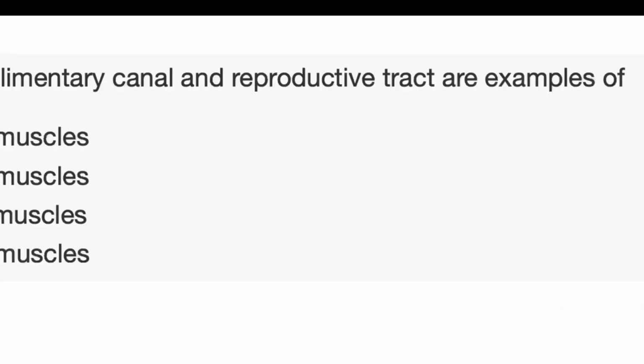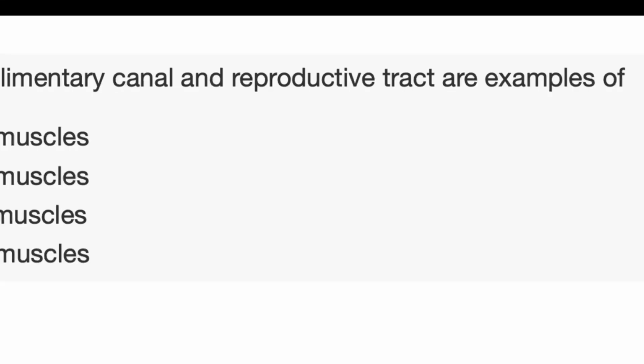Now here comes the 8th question. Muscles of alimentary canal and reproductive tract are examples of dashed. We are shifting gears into the muscular system now. Muscles of alimentary canal and reproductive tract are examples of dashed. The alimentary canal or the digestive canal and the reproductive system.